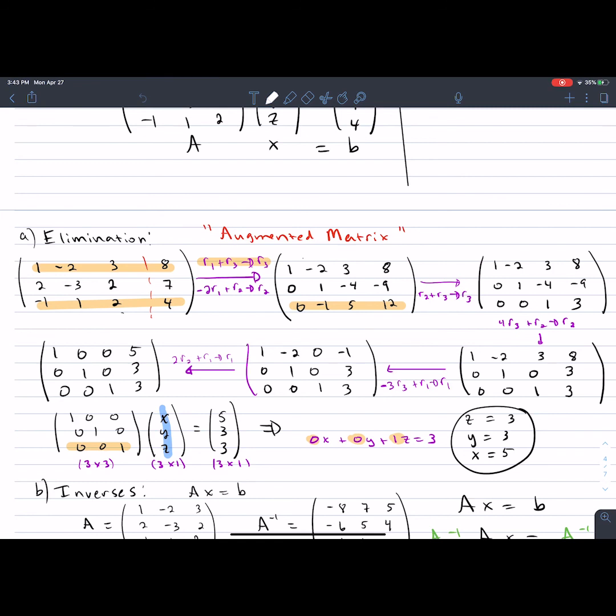But here's, this is called an augmented matrix. This is my A, and this is my B. We kind of skip writing the unknown, because it's just X, Y, Z. We're trying to find X, Y, and Z. So in order to eliminate, we need to tag B along with our elimination.